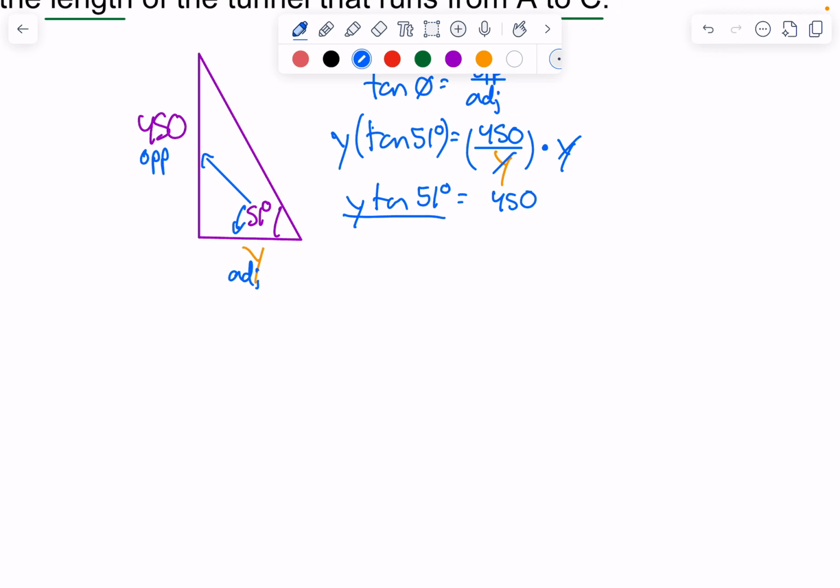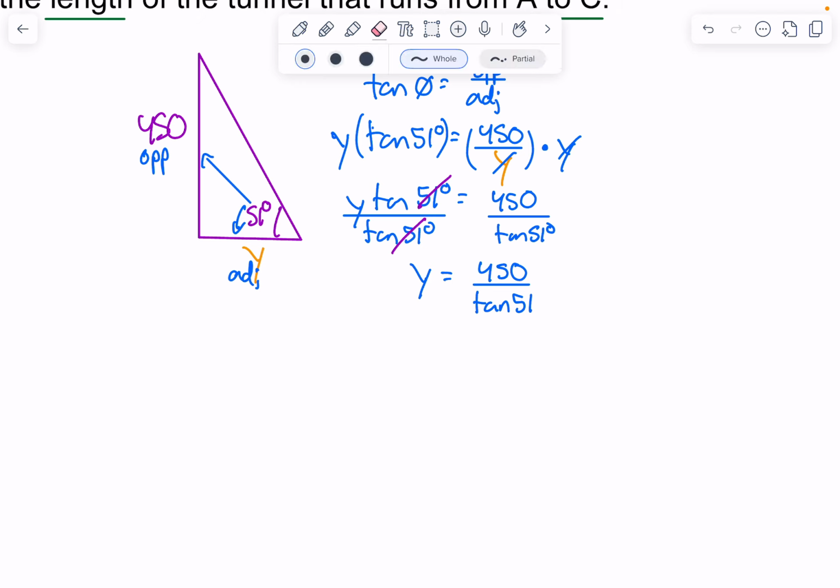And now divide both sides by tan 51, because tan 51 is a number. So it behaves like any other number you're bringing across an equal sign. So these cancel, and you get y is equal to 450 over tan 51.